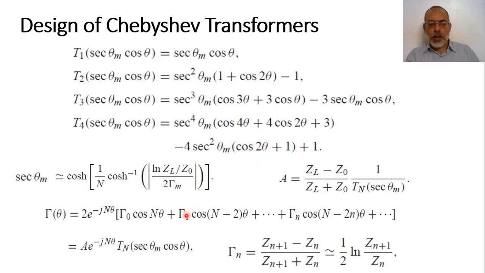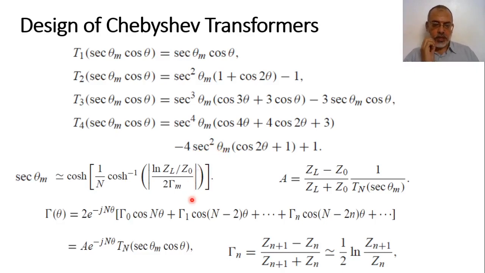So gamma 1 multiplied by 2 here would correspond to A multiplied by sec to the power 4 multiplied by 4 minus A multiplied by 4 multiplied by cosine 2 theta. Actually, 4 multiplied by sec to the power 2 theta maximum.